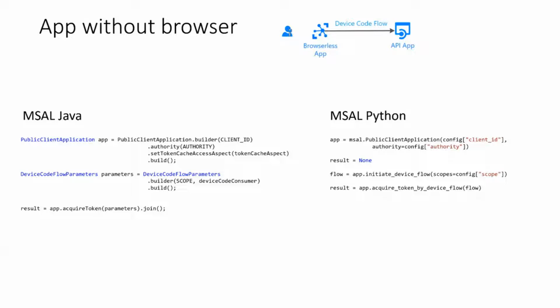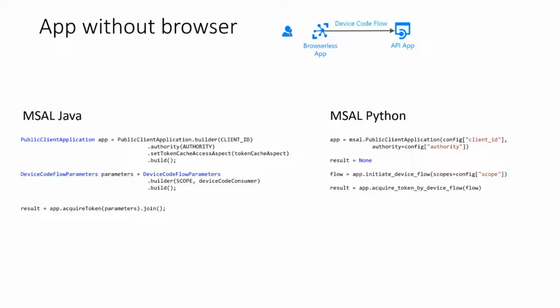Once they enter the code and complete the authentication flow successfully, they will be presented with the usual consent screen and so on. Once they've completed the authentication there successfully, then through a back channel, the MSAL SDK gets an access token issued from Azure AD for this user. And after that, the application can call the API using that access token. So this is another flow that is supported.